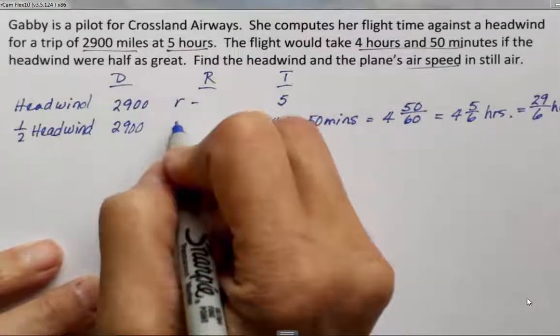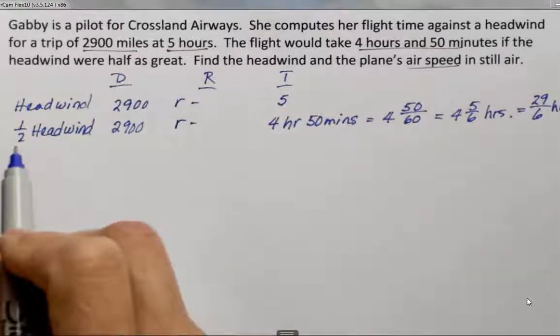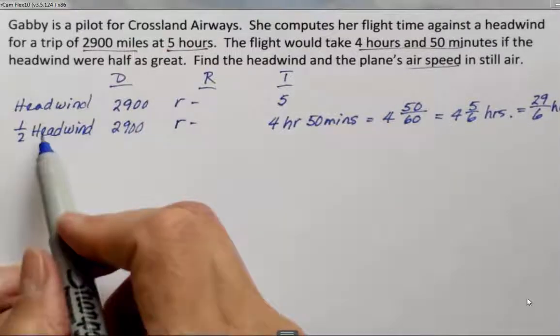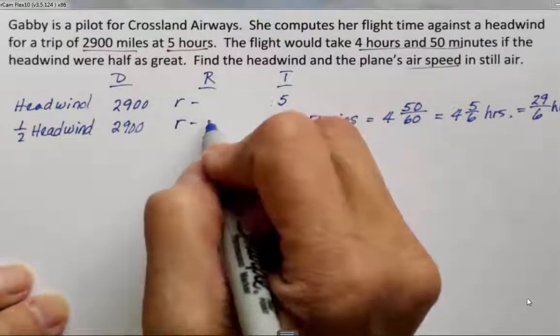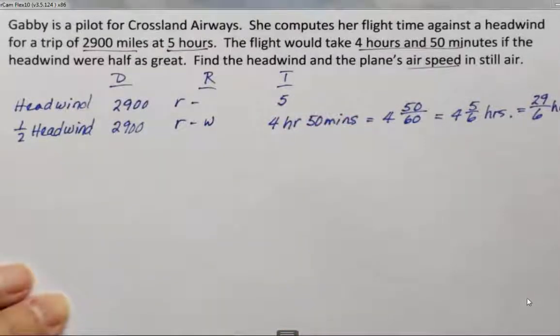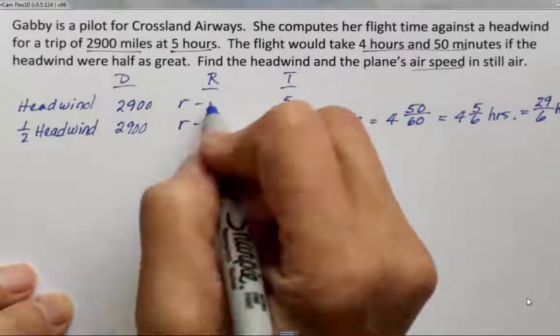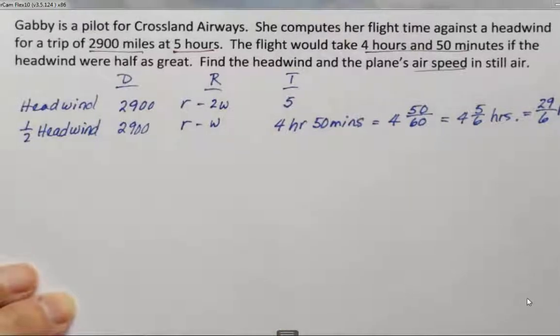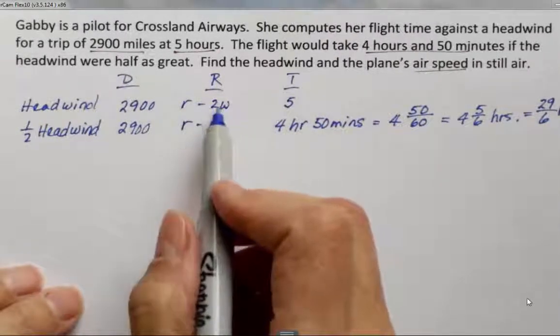And the same thing down here. Well, this is going to be half the headwind of this first one. So if I make this one W for wind, then this one's going to have to be 2W. That way this is half of this wind right here.